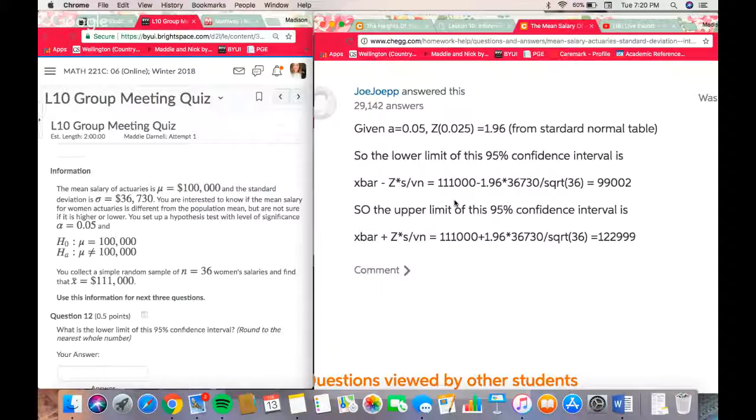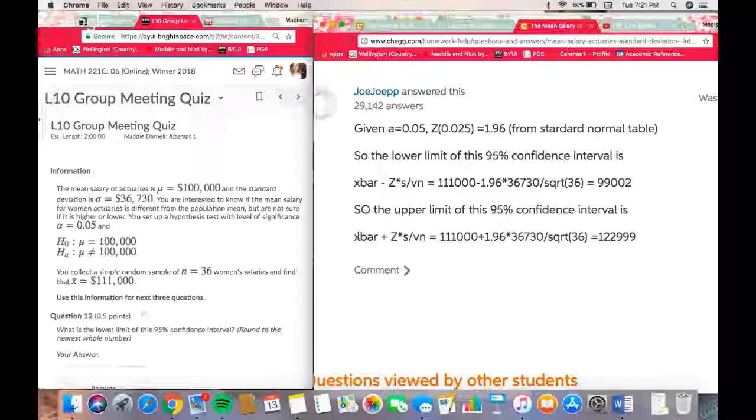Yeah, and then we know how to do the confidence interval. We have to find the, what is E? Margin of error. So we did the margin of error, found the lower limit of the 95% confidence interval by doing that. I don't know what X bar is.